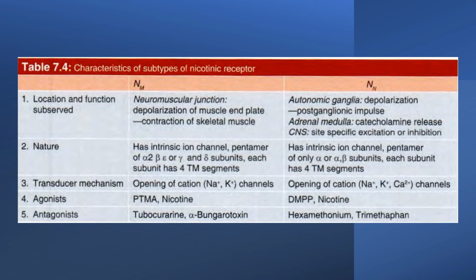Agonists are PTMA and nicotine in case of the neuromuscular junction, and in case of NN, we have DMPP, that is dimethylphenylpiperazinium, and nicotine. In case of antagonists, we have tubocurarine and alpha-bungarotoxin in the neuromuscular junction, and in the autonomic ganglia, we have hexamethonium and trimethaphan.